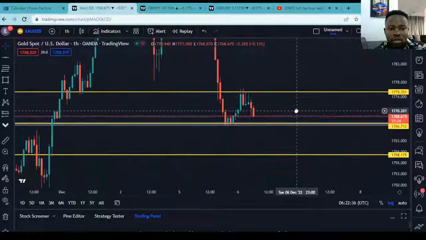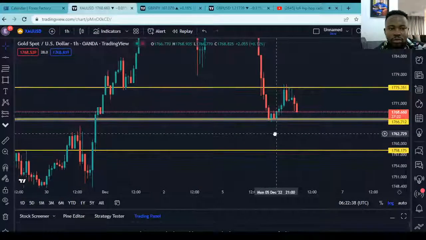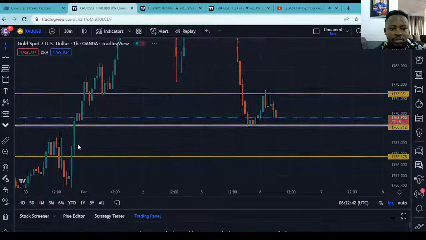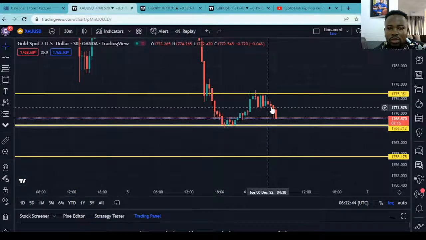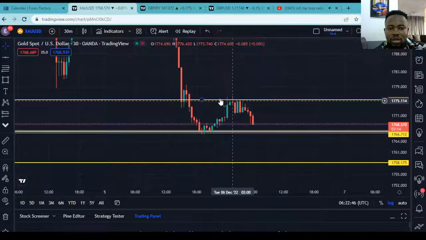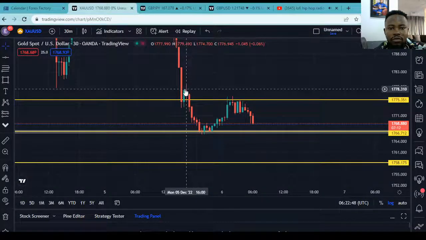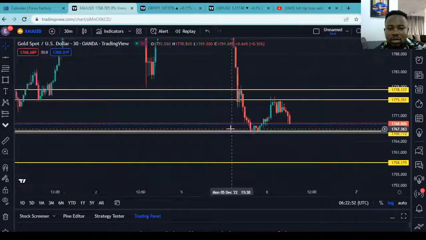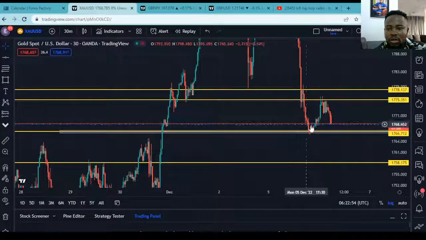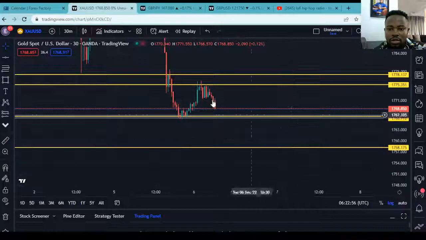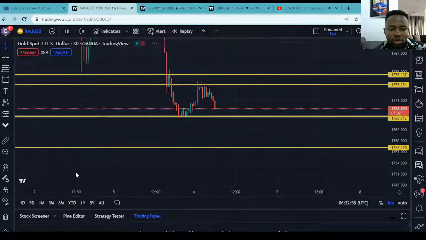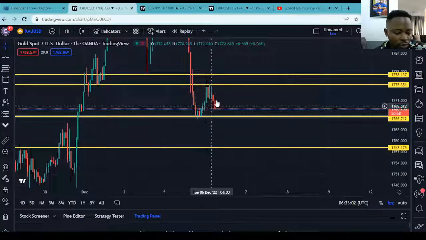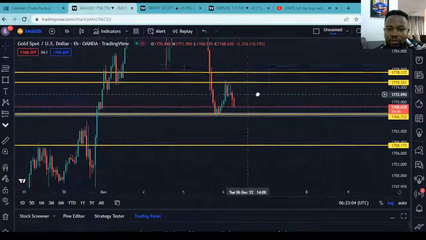So looking at the 1 hour time frame, let's see this on the 30 minutes time frame. Yeah, on the 30 minutes time frame too, I think we have another resistance here to the upside. We have another resistance right there, but we will use the 1 hour time frame here.